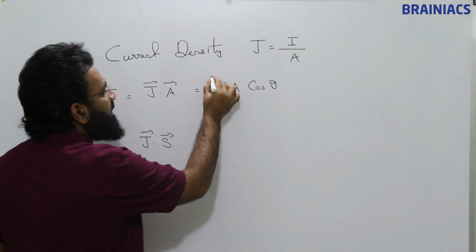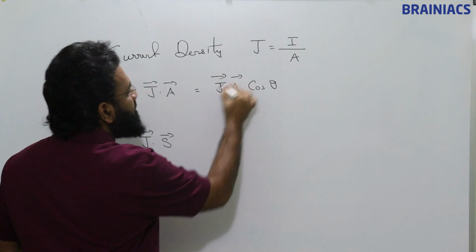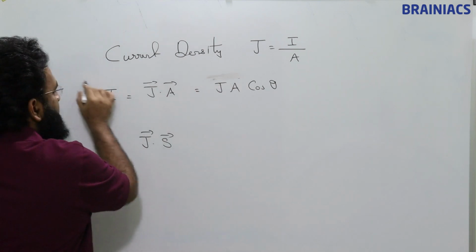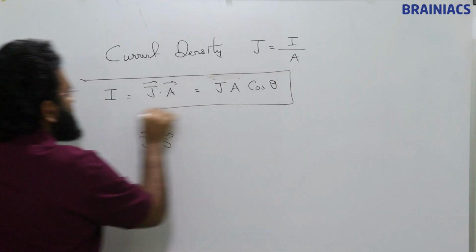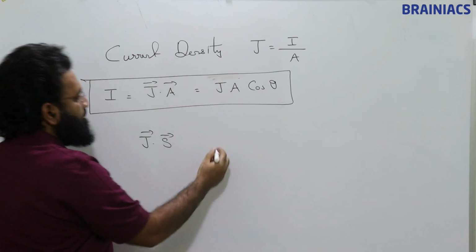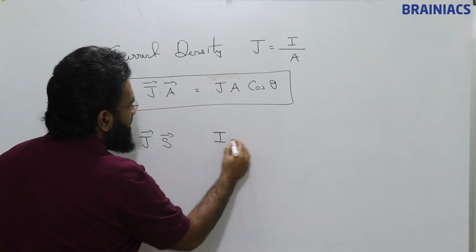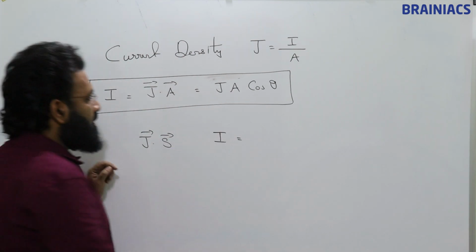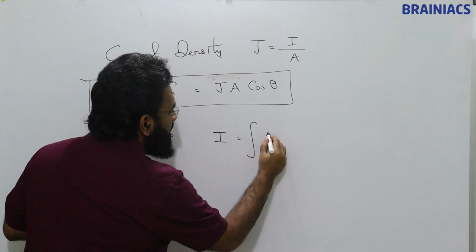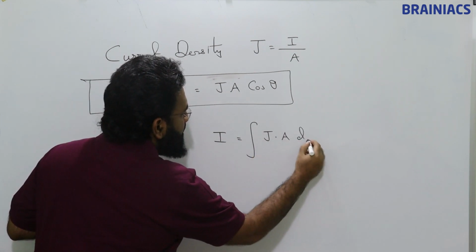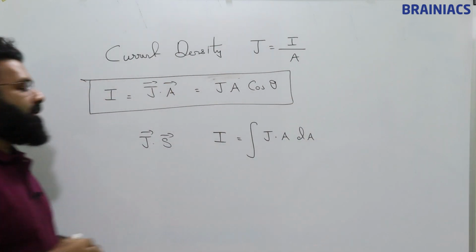Okay, so current density is also a vector, so this comes J A cos theta. So here if the area is varying, then we will be integrating.